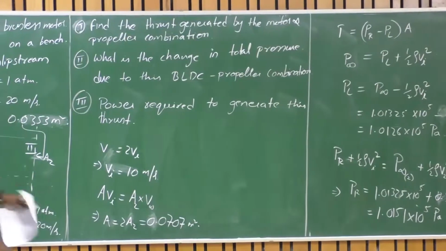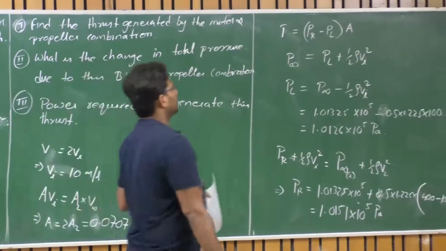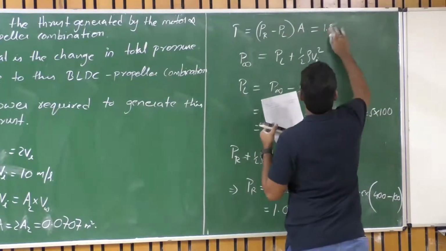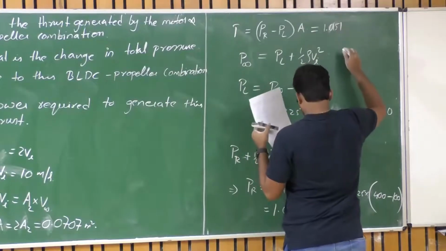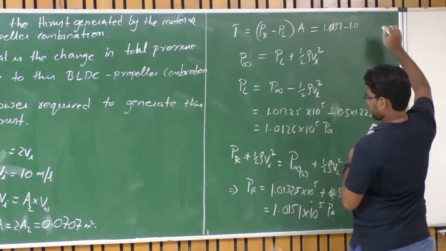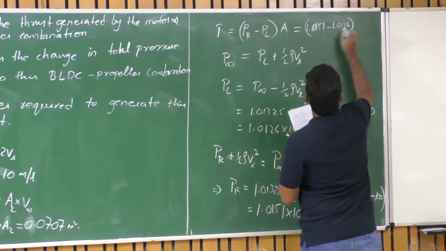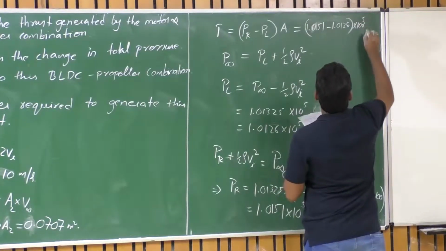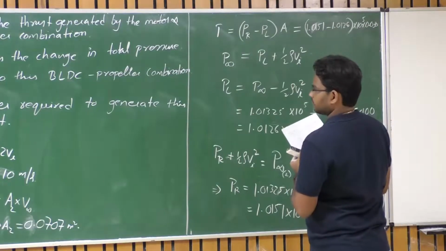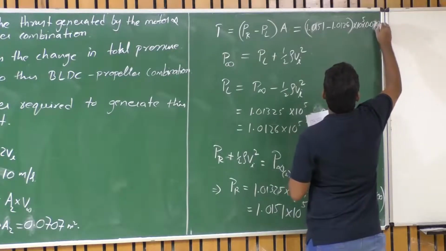Right? So substituting these numbers, we can get the corresponding thrust, which is equals to 1.015 by 1 minus 1.00126 times 10 power 5 times 0.0707, right? 0.0707.